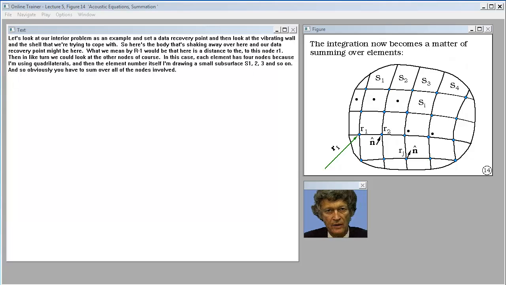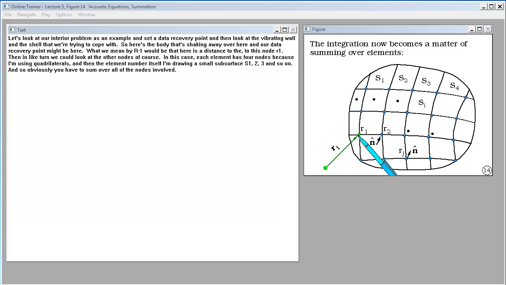Let's look at our interior problem as an example and set a data recovery point, and then look at the vibrating wall of the shell that we're trying to cope with. So here's the body that's shaking away over here, and our data recovery point might be here. What we mean by R1 would be the distance to this node.